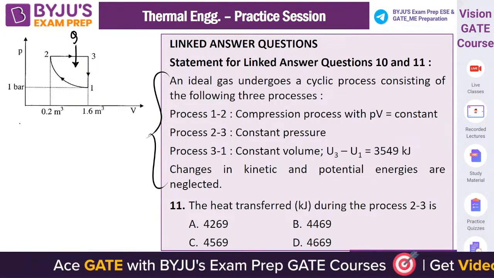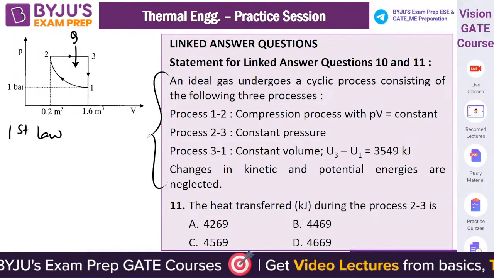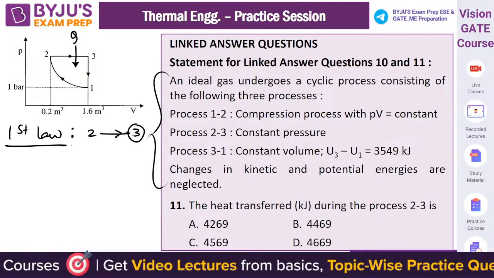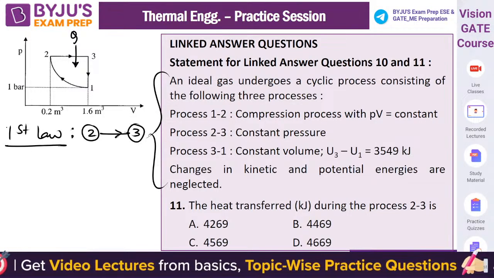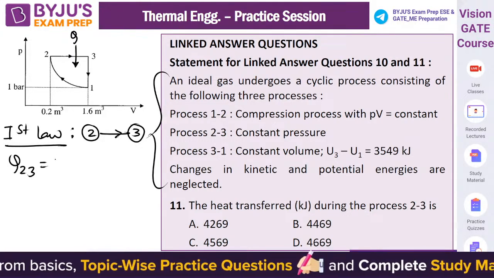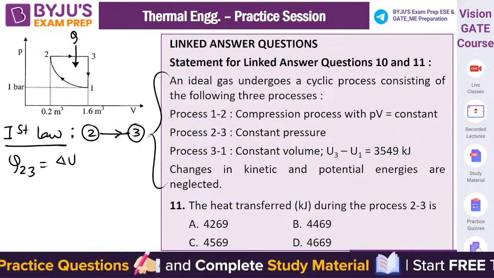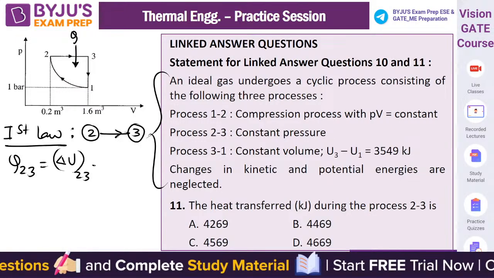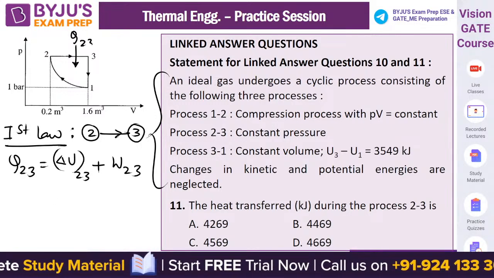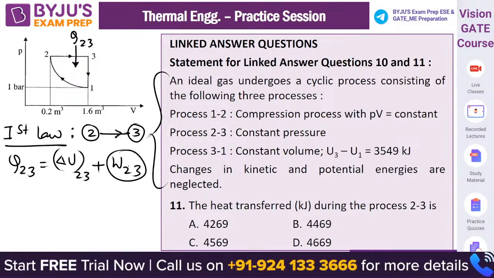So if we apply first law of thermodynamics for the process 2 to 3, then can we say Q2 to 3 is equal to delta U 2 to 3 plus W2 to 3, isn't it? This is Q2 to 3. Delta U2 to 3 plus W2 to 3. W2 to 3 we have already calculated.